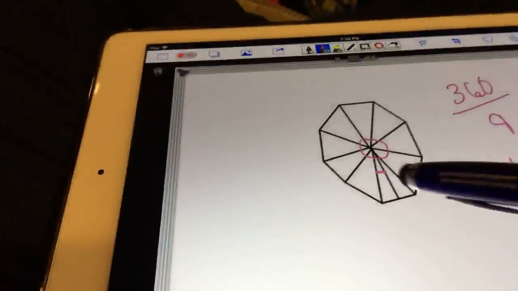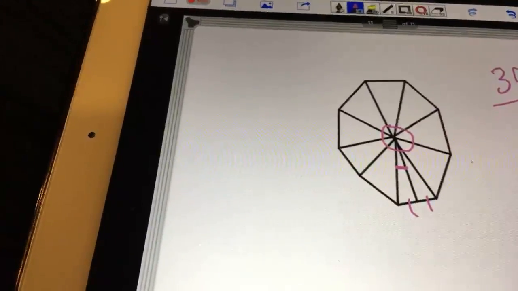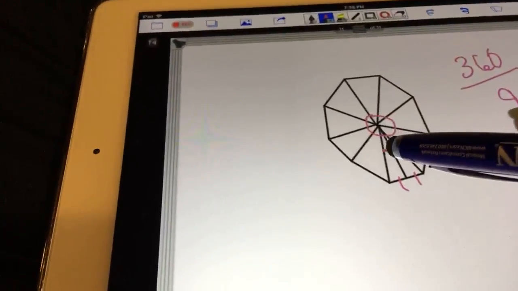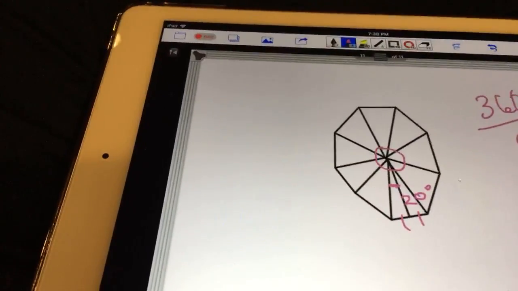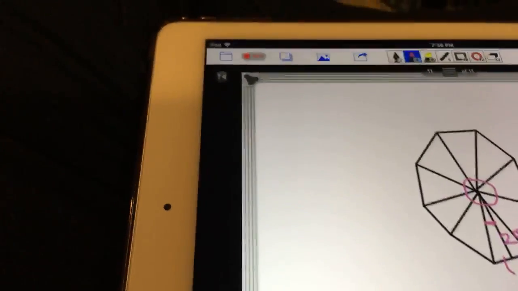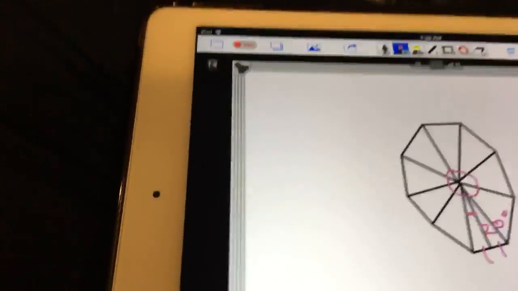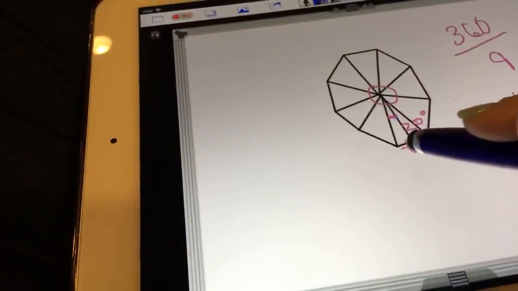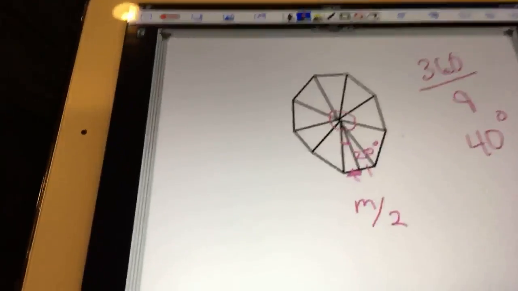Okay, so those 2 segments are congruent. This angle right here is going to be 20 degrees. And since we were told that the side length is m, this segment right here is going to have to be m over 2. Okay?